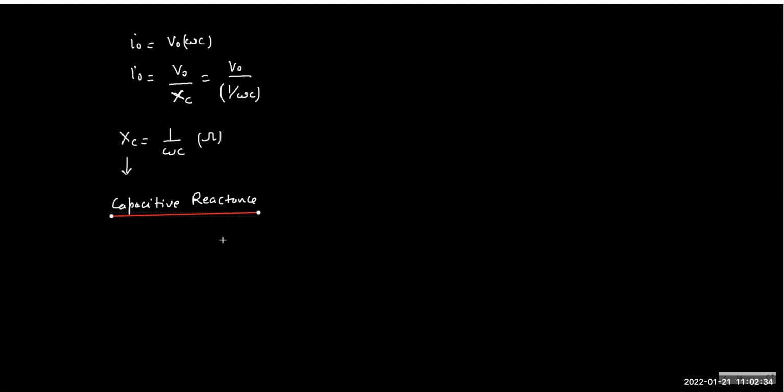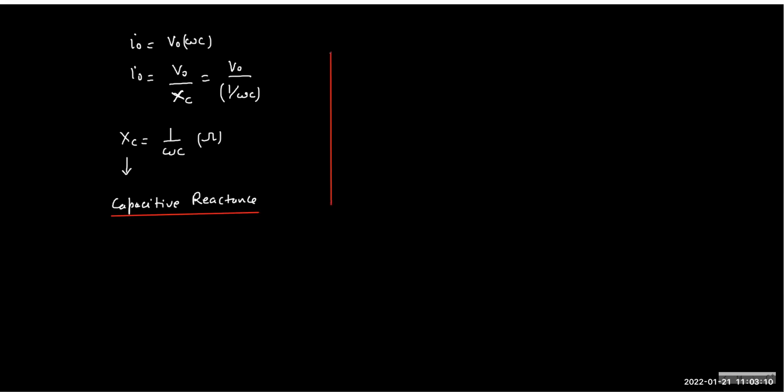And because this opposition is offered by the capacitor, we call it capacitive reactance. And it's very much common sense, like the reactance, to react, in a way you oppose it. So how do you react to the AC flow of current in a circuit? You try to oppose it, but we don't call it resistance, we call it reactance. And because it is offered by capacitors, we say capacitive reactance.